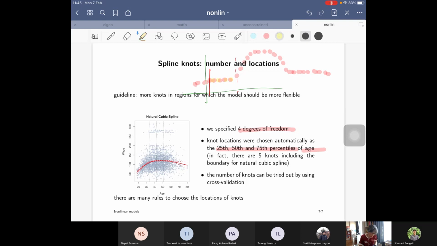I would like to note that there are many rules. This approach is taken from the ISLR book, and I believe there's a way they handle this in R, where you can select the knot locations according to this rule. The number of knots can be chosen using the cross-validation approach.